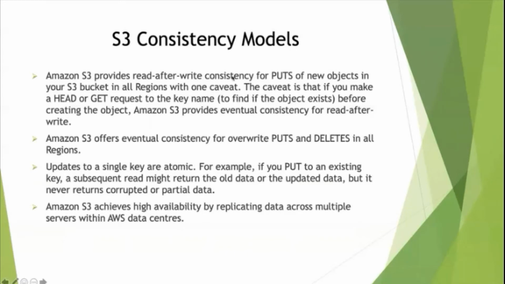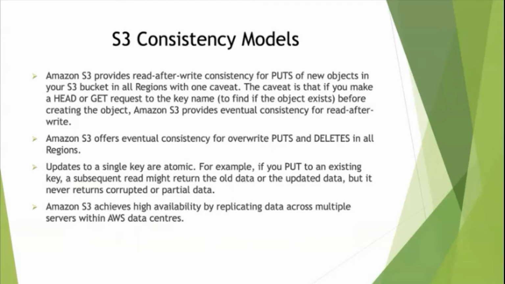But if at a later point of time you update that object and then immediately read it, you will either get the older version or the newer version of the object, but you will have to wait for 1 second for the change to propagate, and then you will get the newer version, which is called eventual consistency.